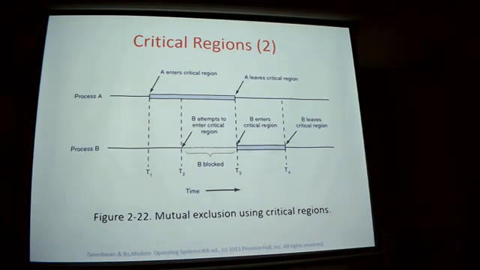In this shaded area, process A enters the critical region, and at timestamp T2, process B wants to enter the critical region, but now we find that A has been here. So we should block B.